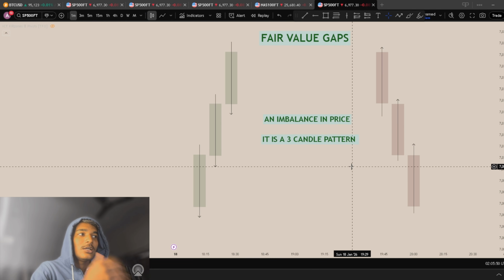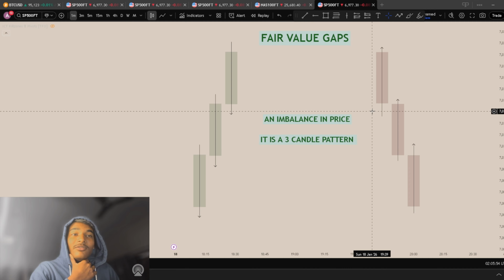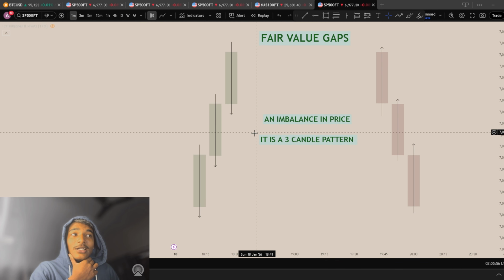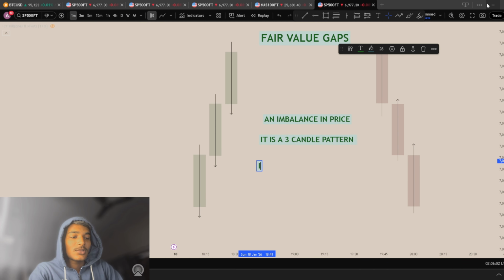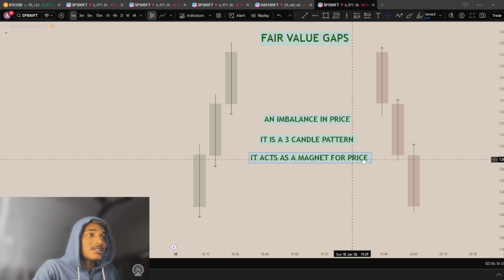It forms by only three candles, and it acts as a magnet for price.